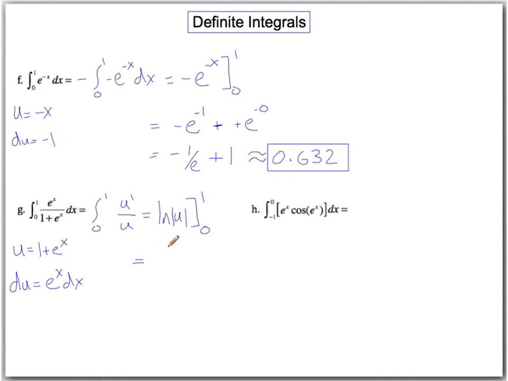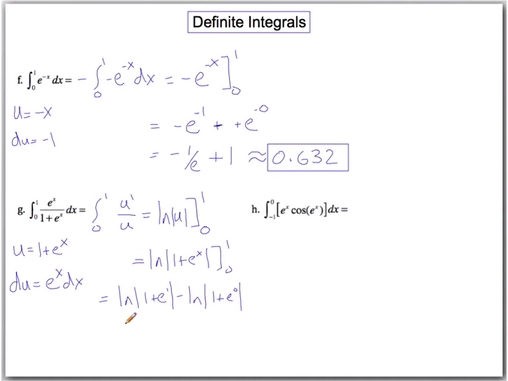Okay, so let's use u substitution here. So we're really looking for the natural log of the absolute value of 1 plus e to the x from 0 to 1. Okay, so we'll substitute in here. 1 plus e to the 1, and then minus the natural log, the absolute value of 1 plus e to the 0.